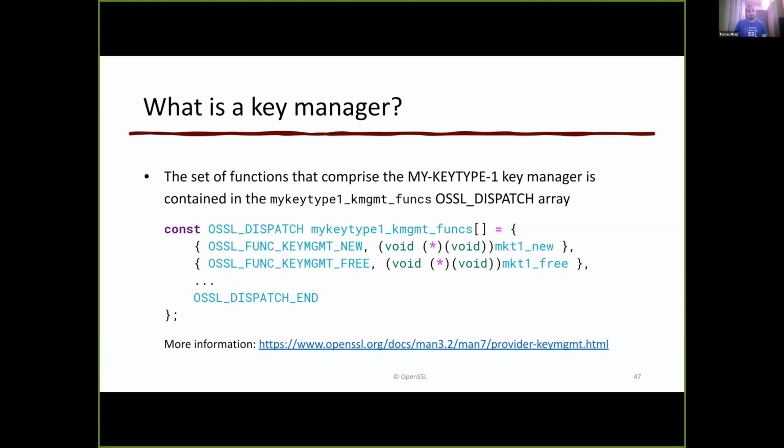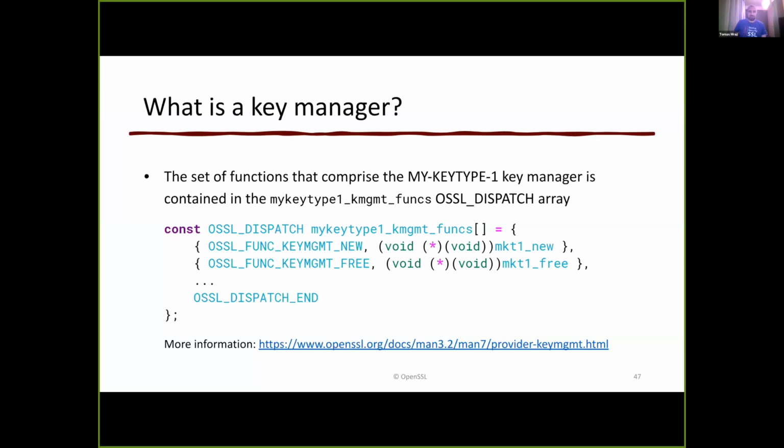The set of functions that comprise the MyKeyType1 key manager is contained in the MyKeyType1 key management funcs OSSL_DISPATCH array. This dispatch array contains all the functions that the key manager consists of. You can see here only 2 functions, but there will definitely be more than that: the MKT1 new and MKT1 free functions.